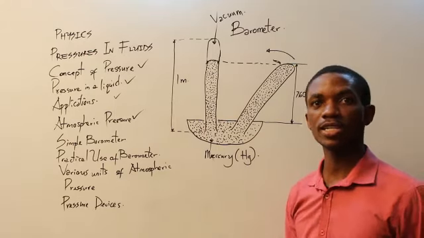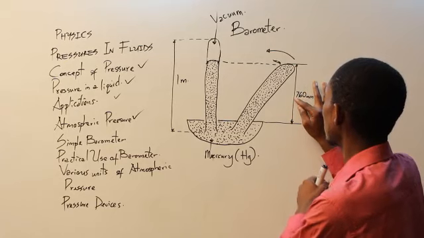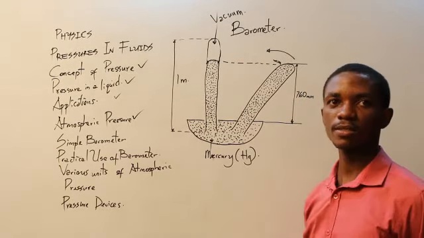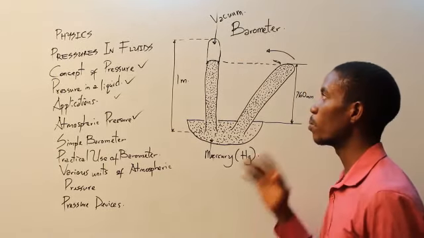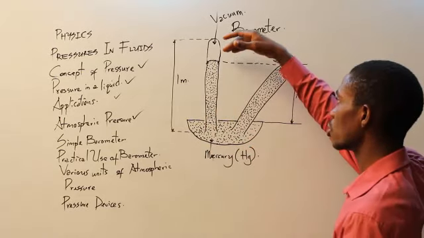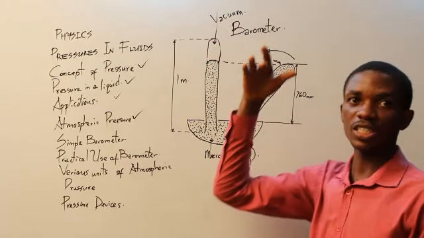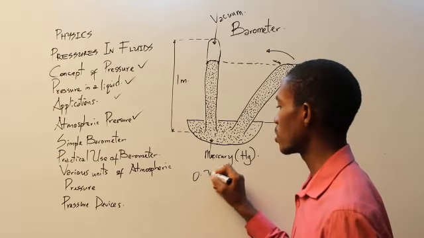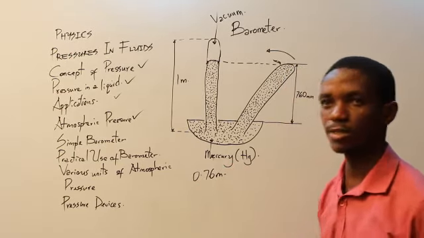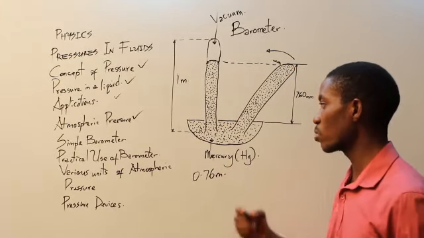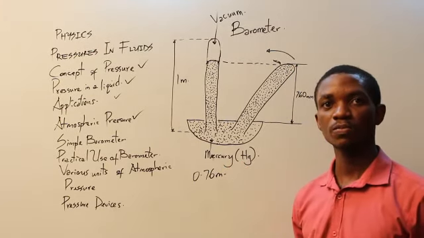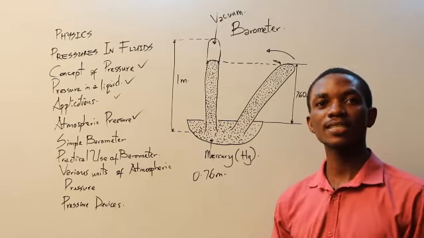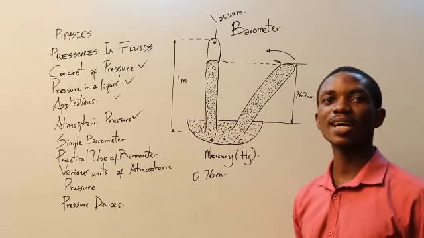Now, it was noted that 760 millimeters was the point to which the mercury dropped back. That is about 0.76 meters. So that's why we say the atmospheric pressure can be measured as 760 millimeter of mercury.